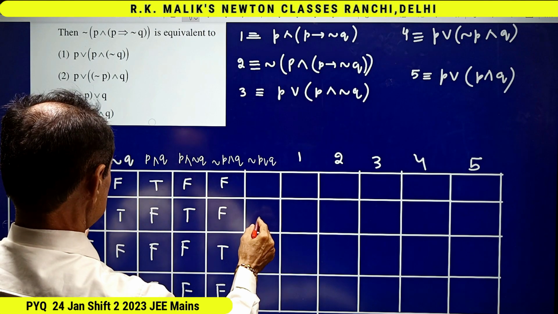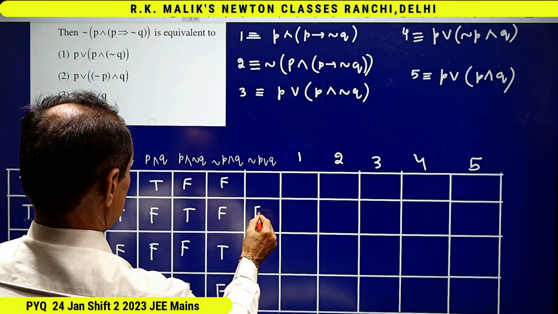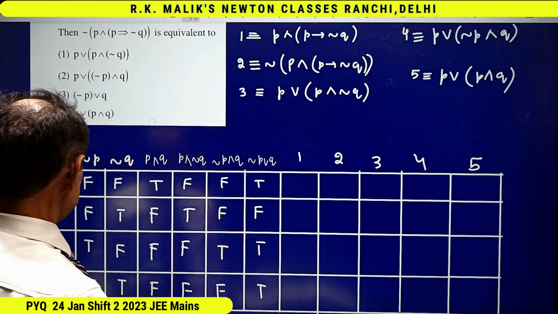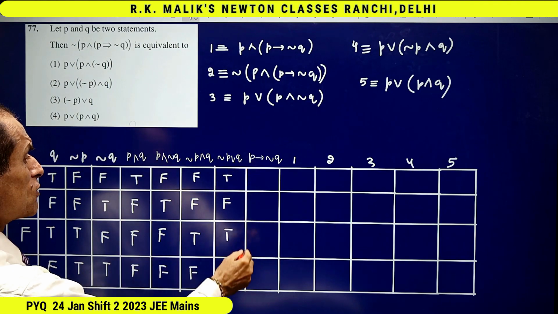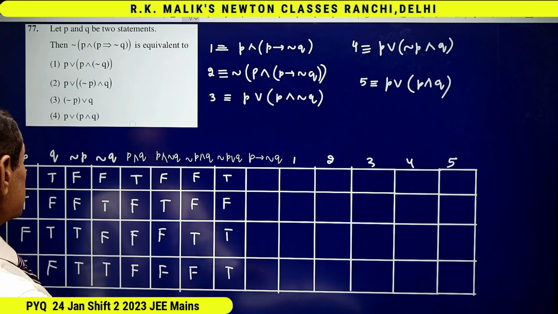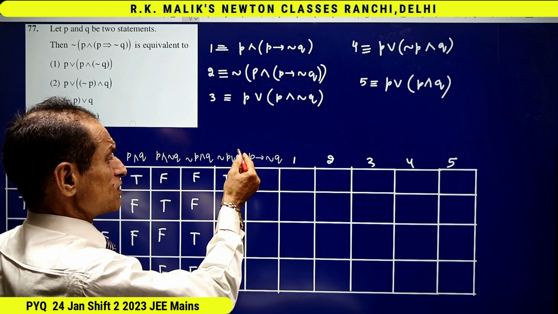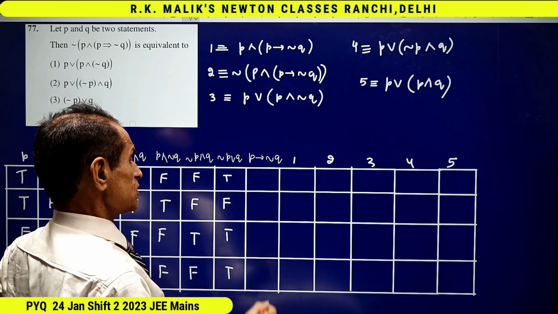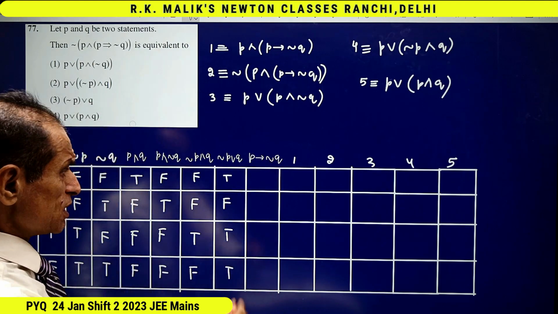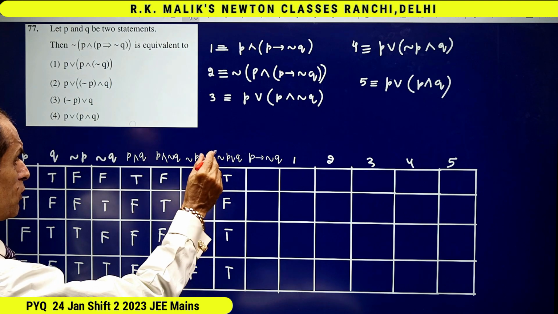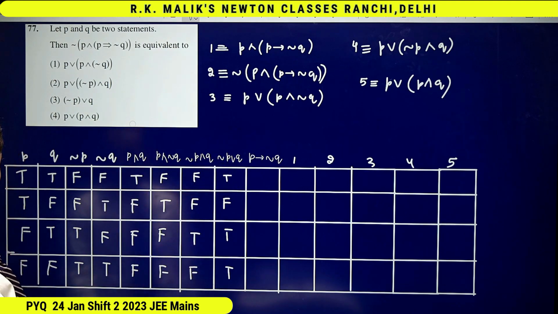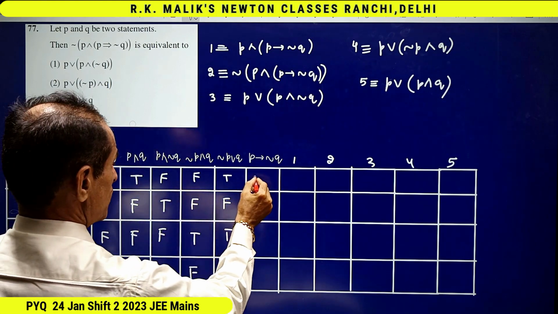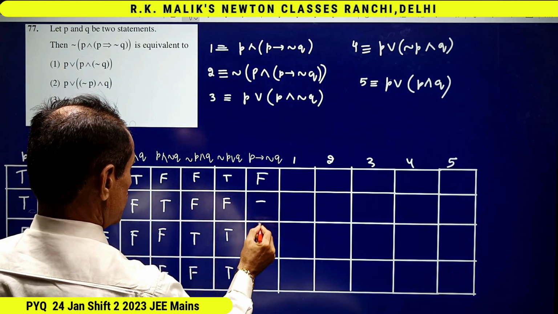Both are false here only, and otherwise it is true. And now to complete the truth table of P implies negation Q, we know that this is false only if P is true and negation Q is false, otherwise it is true. P true, negation Q false is only in first case, hence it will be F here, all others will be T.